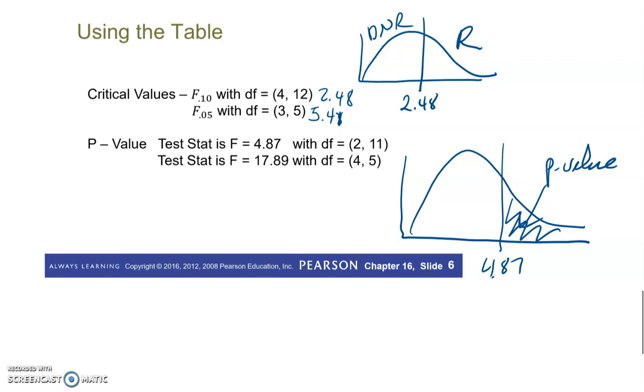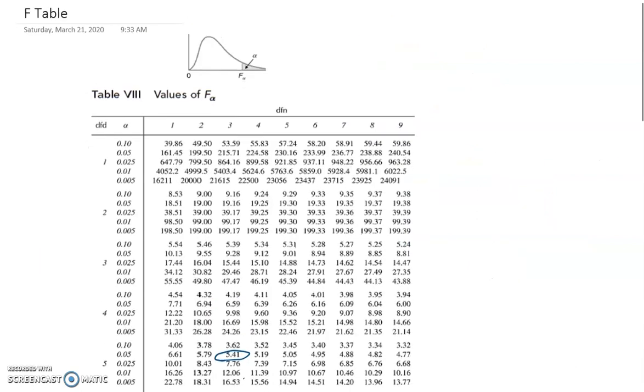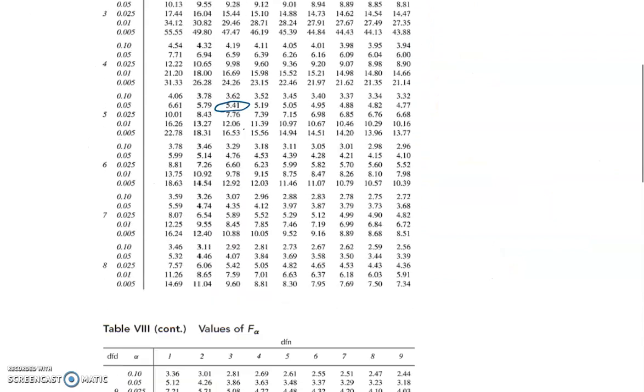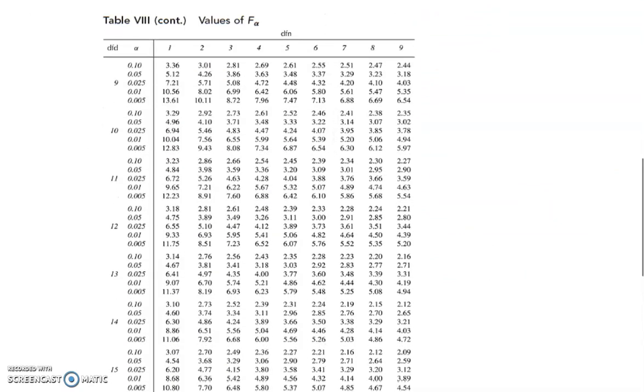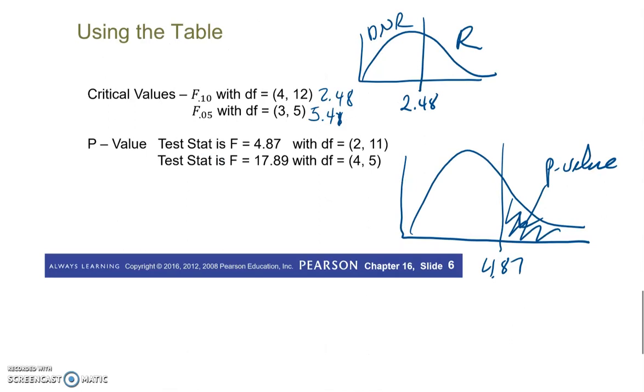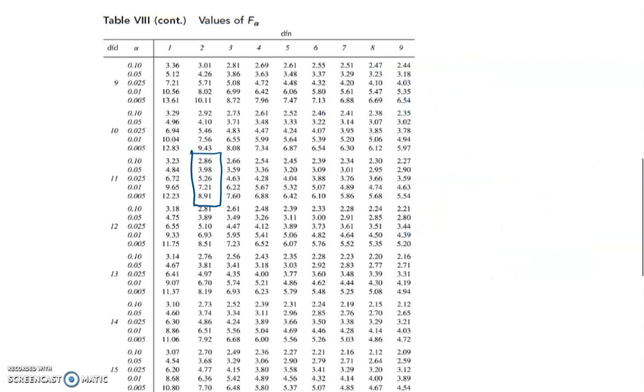Let's look at 2, 11 on our table. Two for the numerator, go down to 11. I'm looking at this box of numbers, and I want you to find where 4.87 is going to fall in that box. Well, 4.87 is clearly between these two values, 3.98 and 5.20.